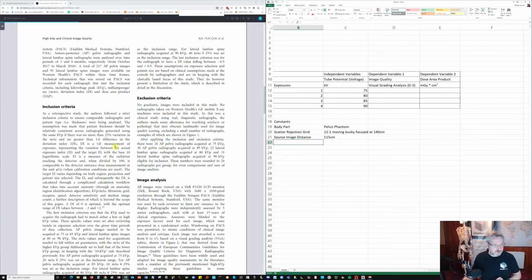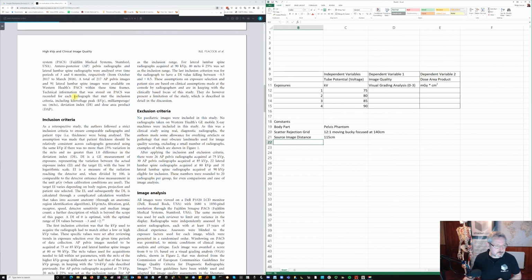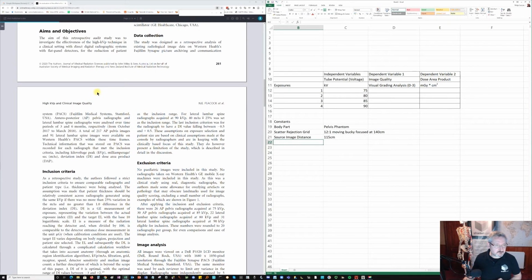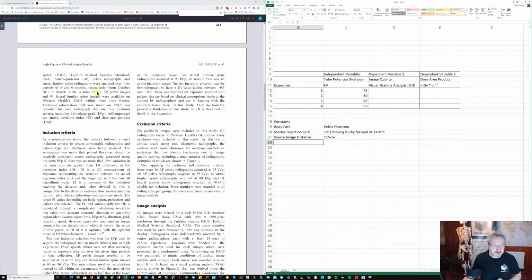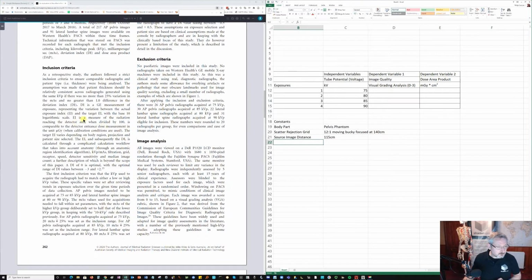Now the other thing I noticed that they're doing is exposure index. So they're going to keep exposure index fixed. They call it deviation index as well. So basically, as they say here, EI is a measure of the radiation reaching the detector, and divided by 100, it's comparable with the entrance dose measurement to the detector in microgray.